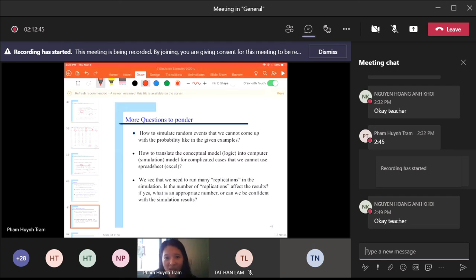The simulation I give you is common but also simple, and we can use a table, Excel, and calculate it manually. But let's say we have a more complicated conceptual model, then how should we translate it into simulation?